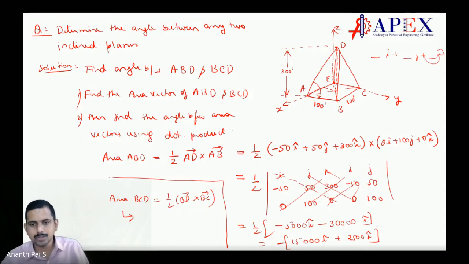Sir, excuse me. Yes, tell me. Sir, I have a question. When we are doing a determinant, sir, it's ijk and again ij. Why is that? I am using this method.